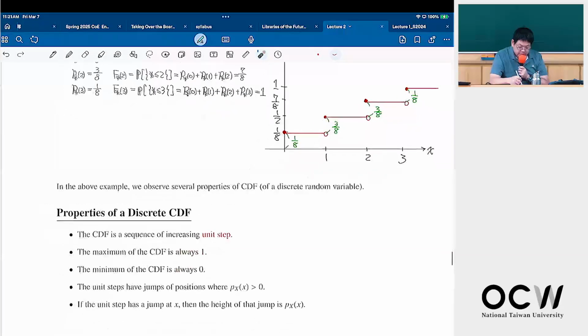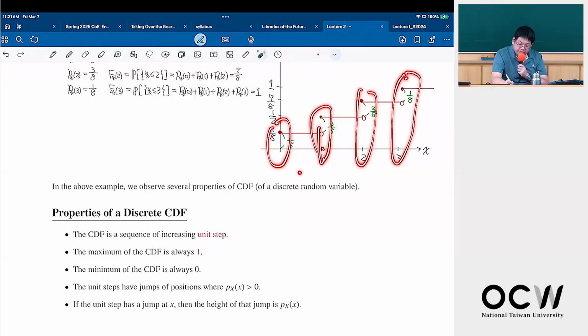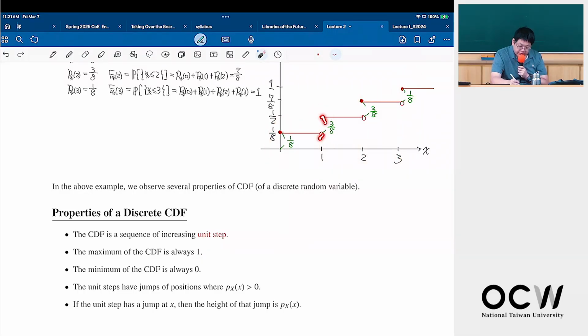And then you can say the unit steps have jumps. Every time the PMF is greater than 0, I will have a jump. And the size of that jump will be your PMF. So if the unit step has a jump at x, then the height of that jump will be the PMF.